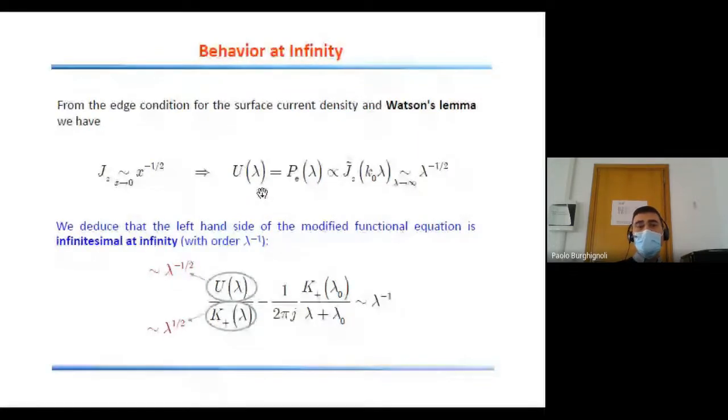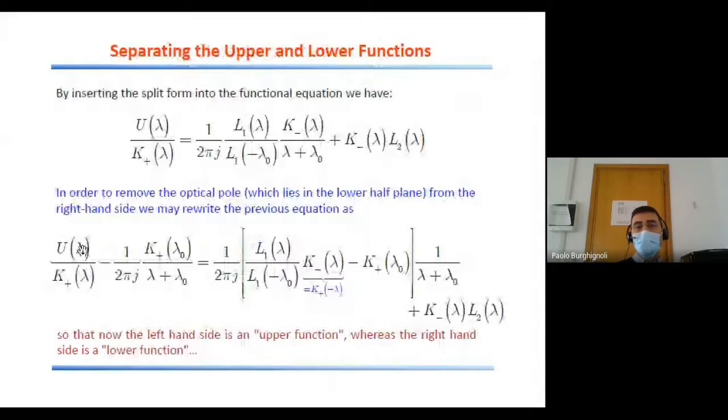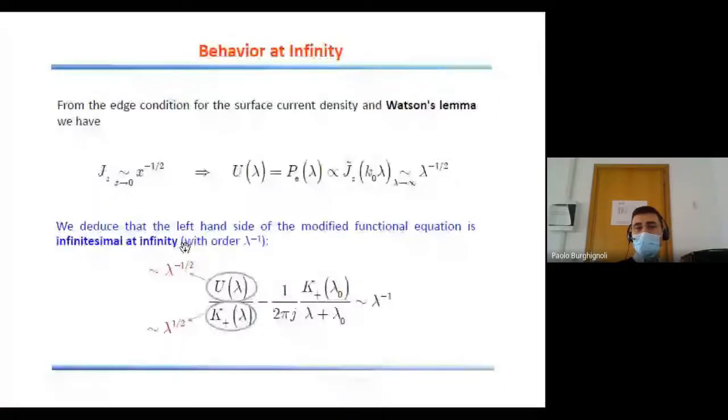It is occurring in the equation we have obtained so far. For example, this looks like lambda to the one half, where we have just found that k plus is the square root of lambda to the 1/2, and therefore this will go like lambda to the -1.